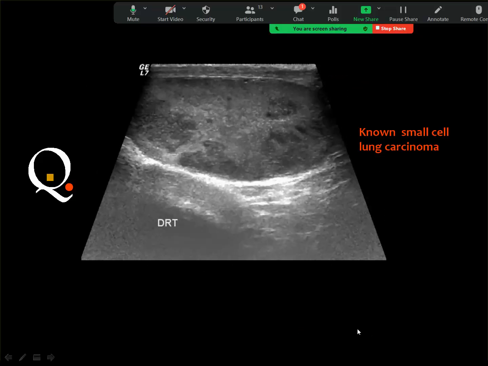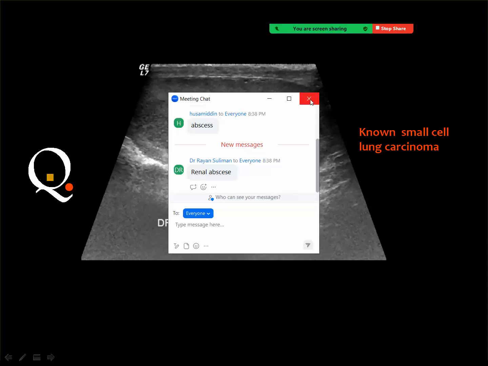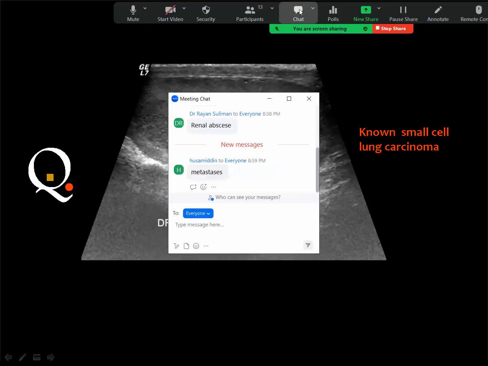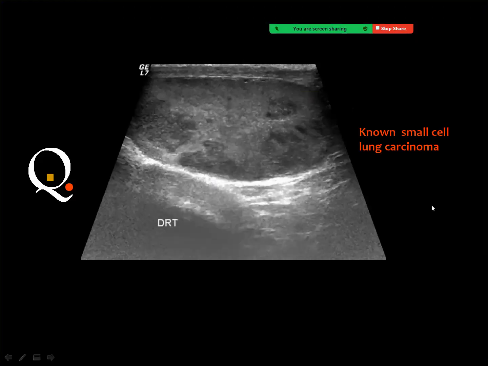Next case is an ultrasound of the testis in a patient known to have small cell lung carcinoma. Yes, and this is testicular metastasis.